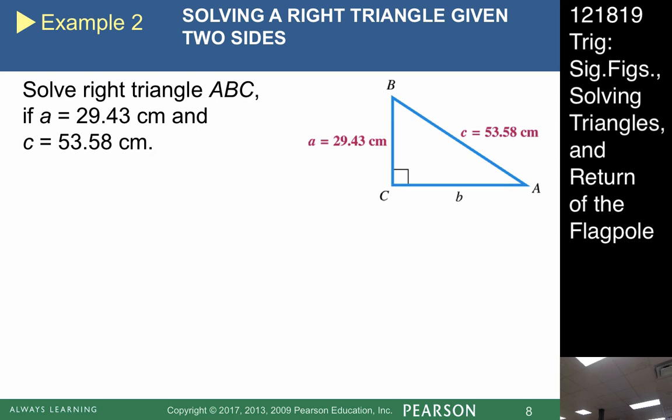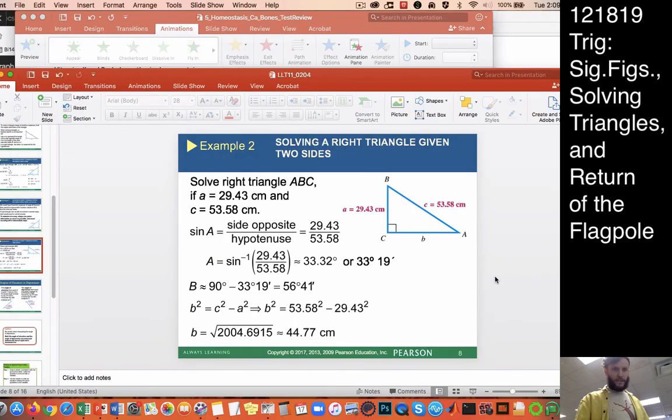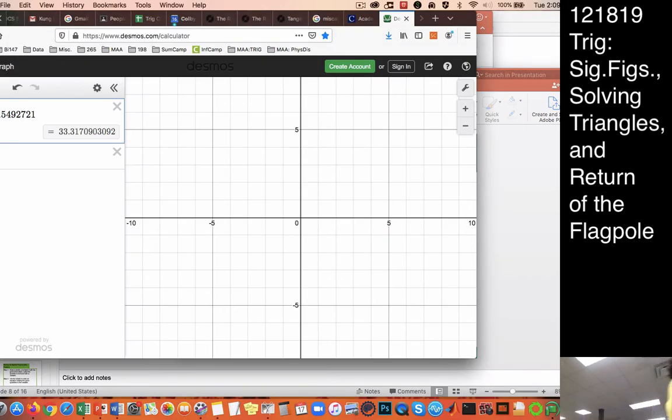Would that be -1 divided by, or is it just 1 divided by? So here, I'll show you how I did it. Let's look at Desmos. See what I did here? It's raised sine to the -1. Not the whole quantity, but the sine function to the -1 is the same as arc sine, the inverse function.